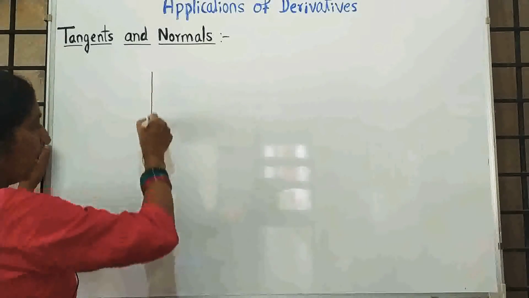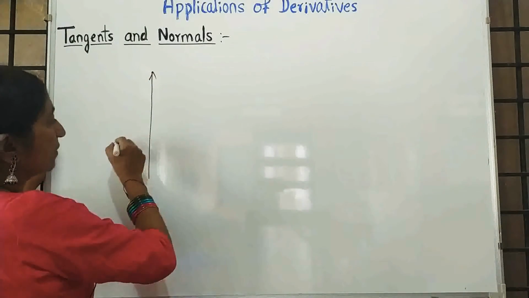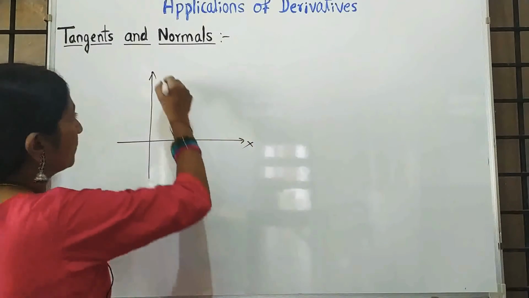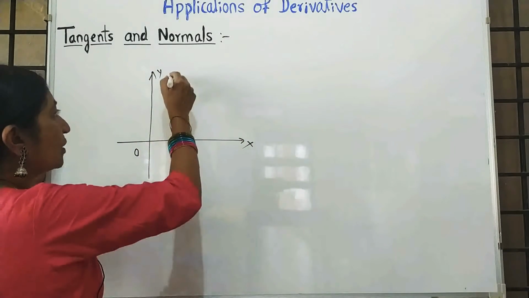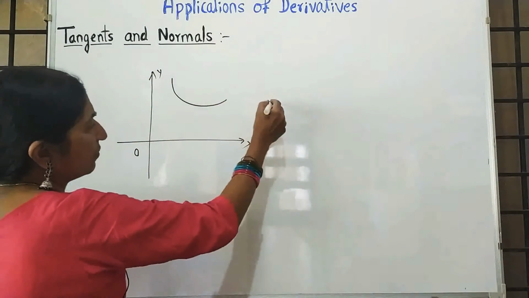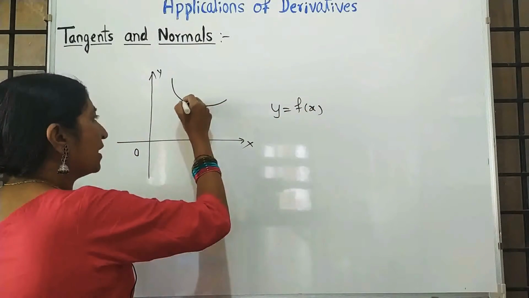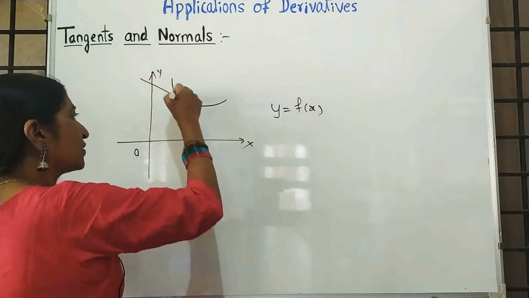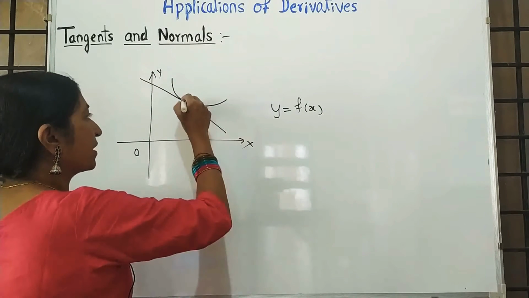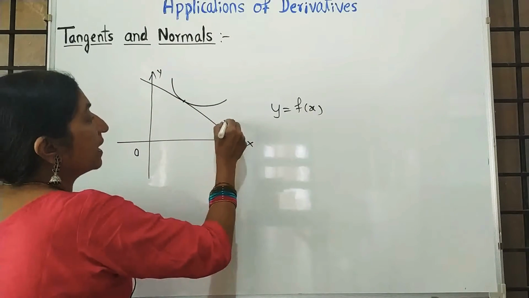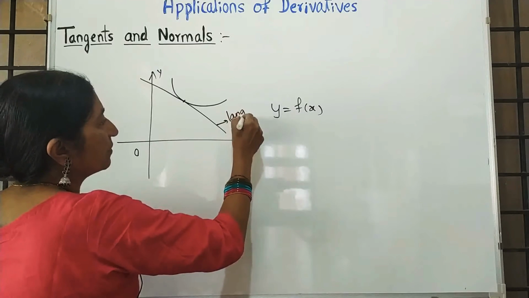See, this is the y-axis, this is the x-axis, and if you draw any curve, y is equal to f of x, and a straight line which touches the curve at one point, this line is called tangent.